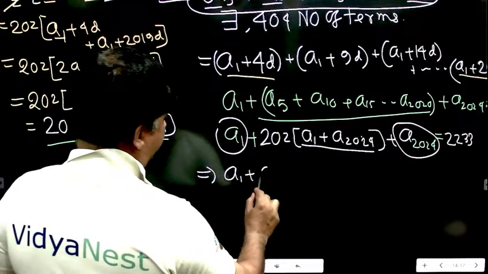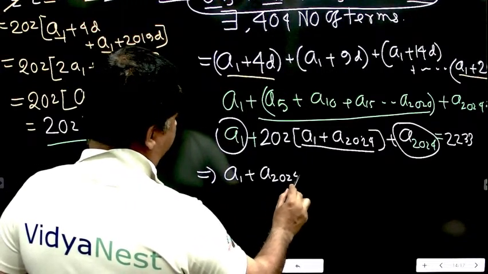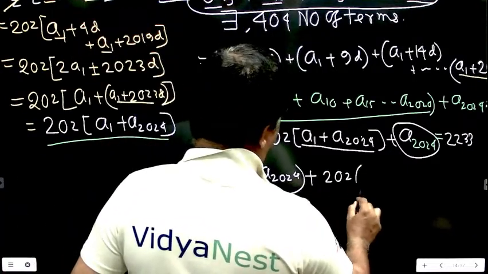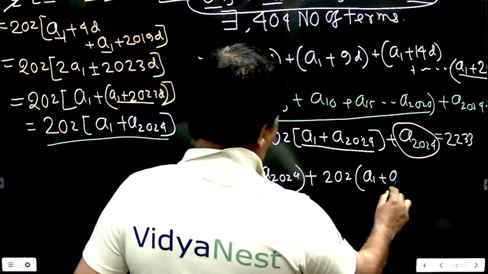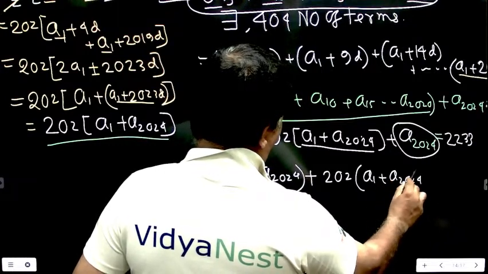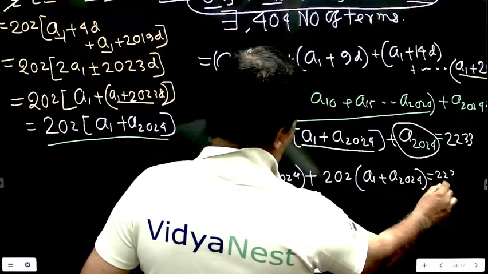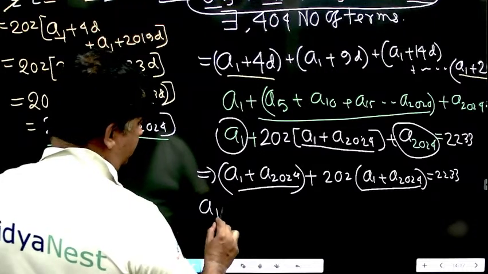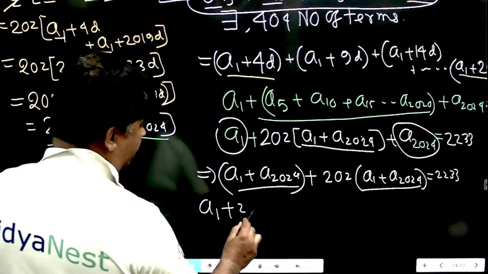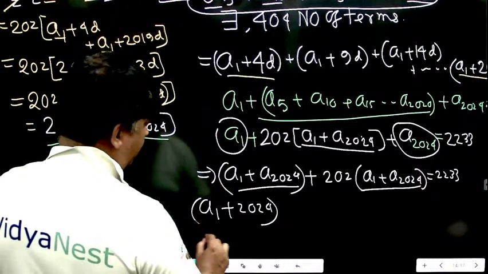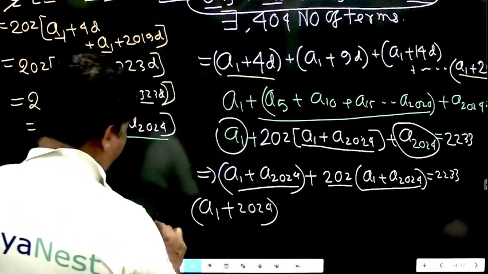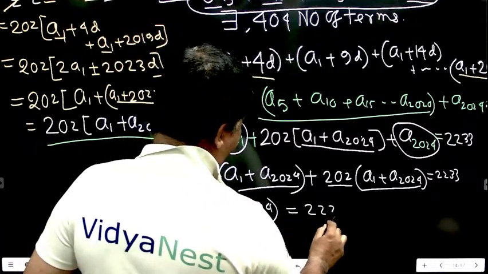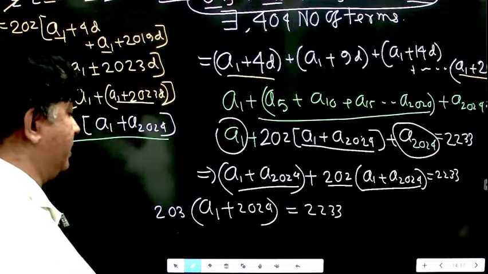A1 plus A2024, this thing common. So it repeats 202 plus 1, 203 times.